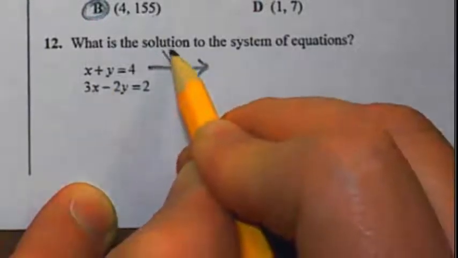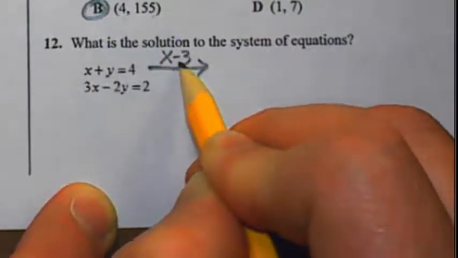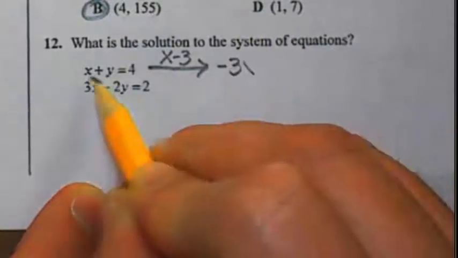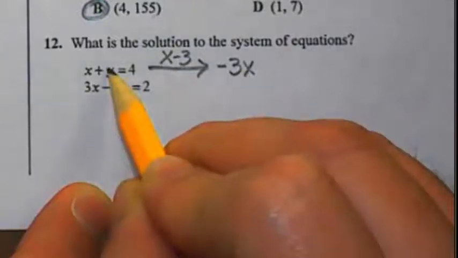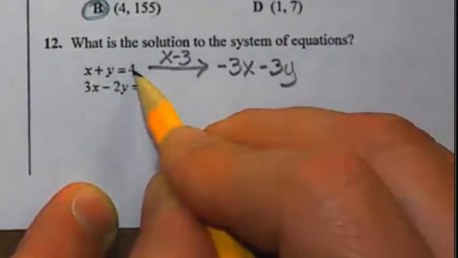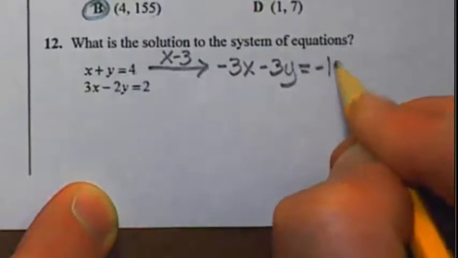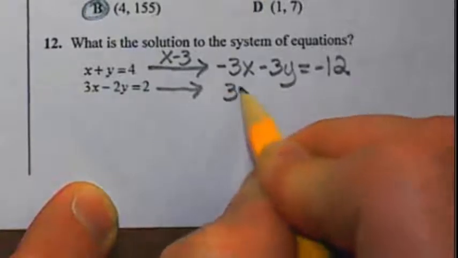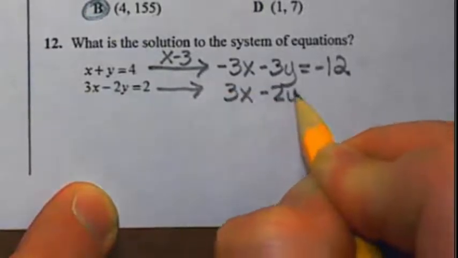I want to multiply the top one by -3. Because if I multiply by -3, the x becomes -3x. Y times -3 becomes -3y. 4 times -3 becomes -12. And on the bottom, I just copy the same thing as I have.